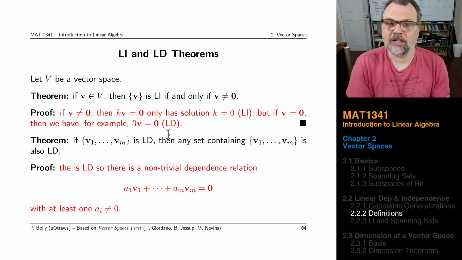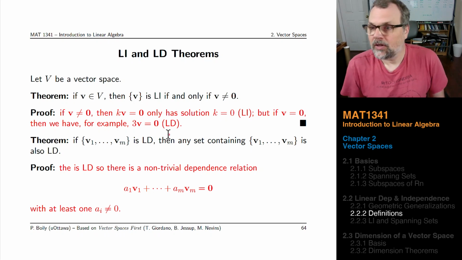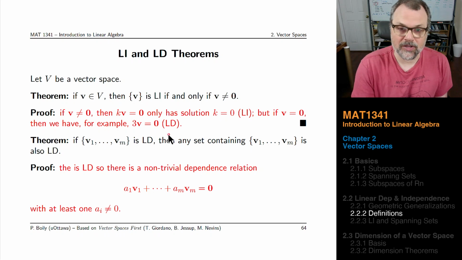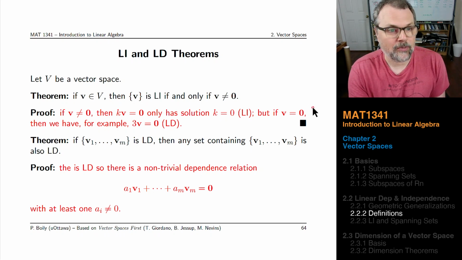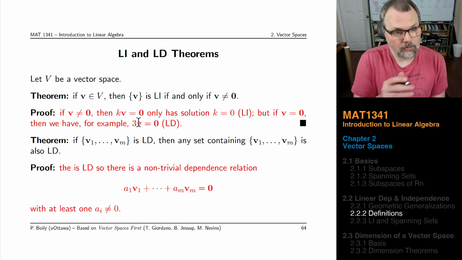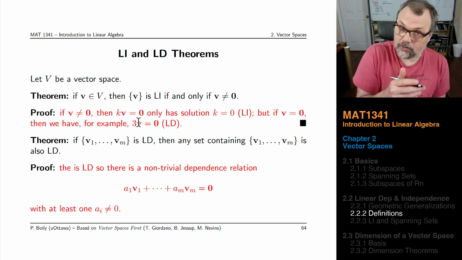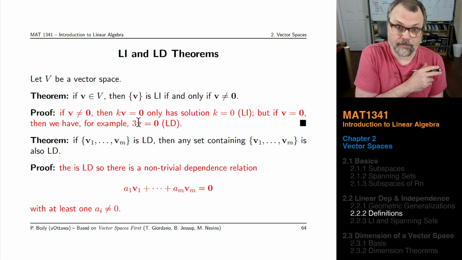Well, it's going to be linearly dependent if it has a non-trivial solution to the dependence equation. And it does, right? Because if v is equal to 0, the dependence equation looks like k times v is equal to 0, and you could pick k equal to 3. 3 times 0 is 0. And so you have a non-trivial solution to the dependence equation.